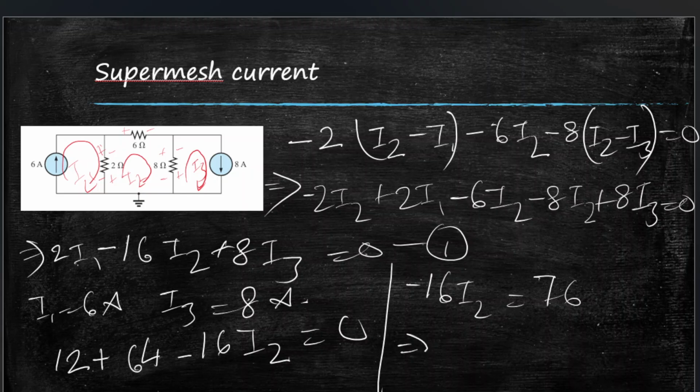Then minus and minus cancel. So I2 is equal to 76 over 16, which is 4.75 amperes. Done.